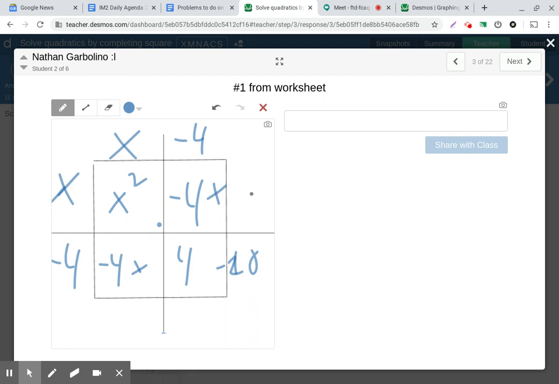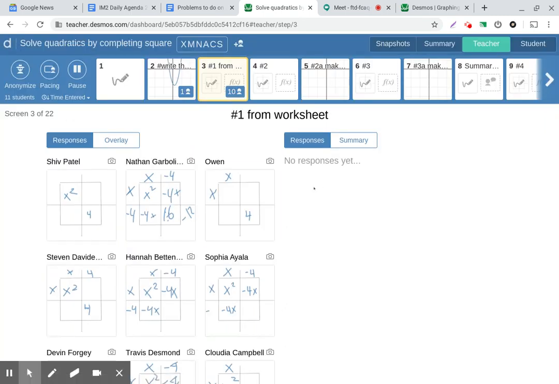Does that make sense? So inside of your square, it should actually say 16, right? And how are we going to make 16 become 4? We're going to subtract 12 from it. There we go.